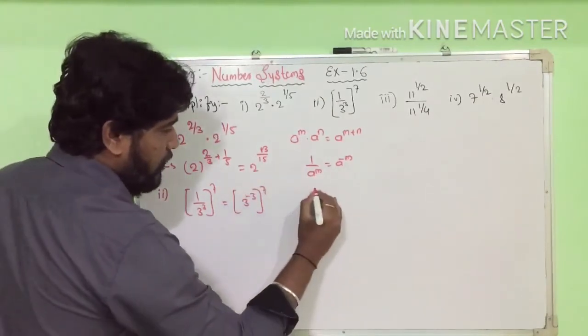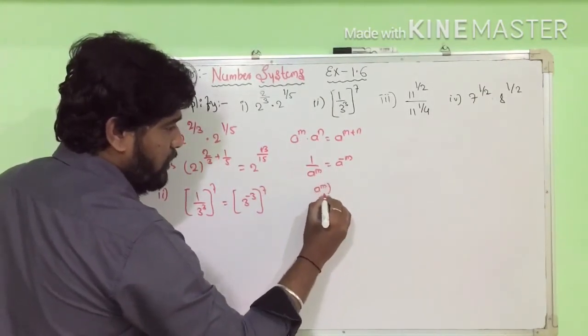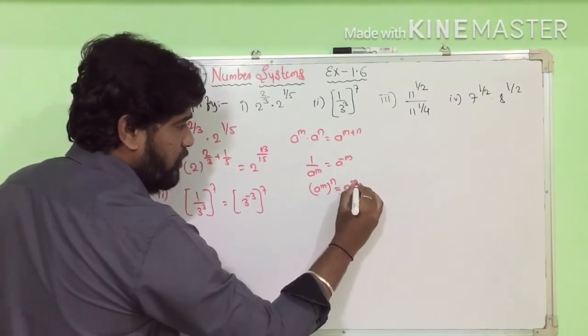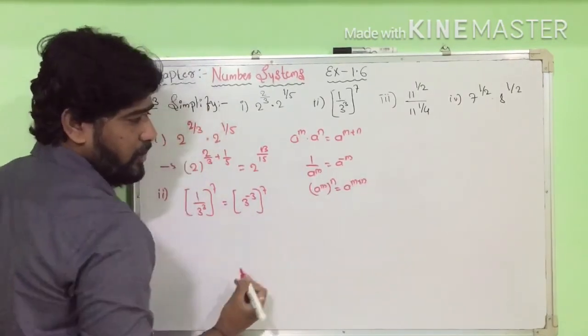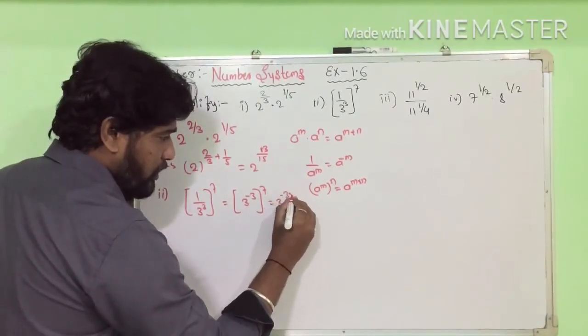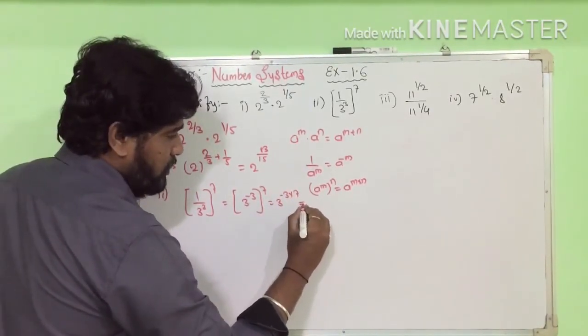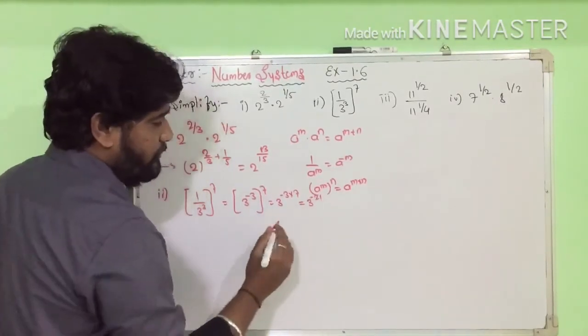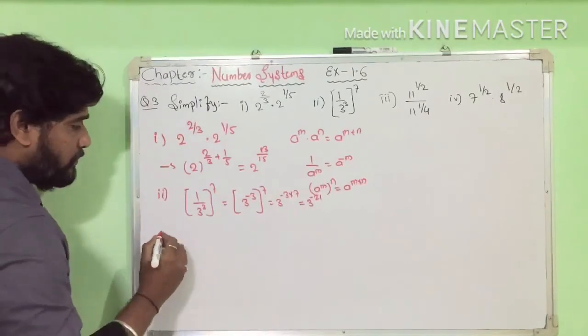So now it is in the form of a raised to m whole raised to n. So this we can write a raised to m into n, mn, right? So here 3 raised to minus 3 into 7. So this is equal to 3 raised to minus 21. 3 7s are 21.